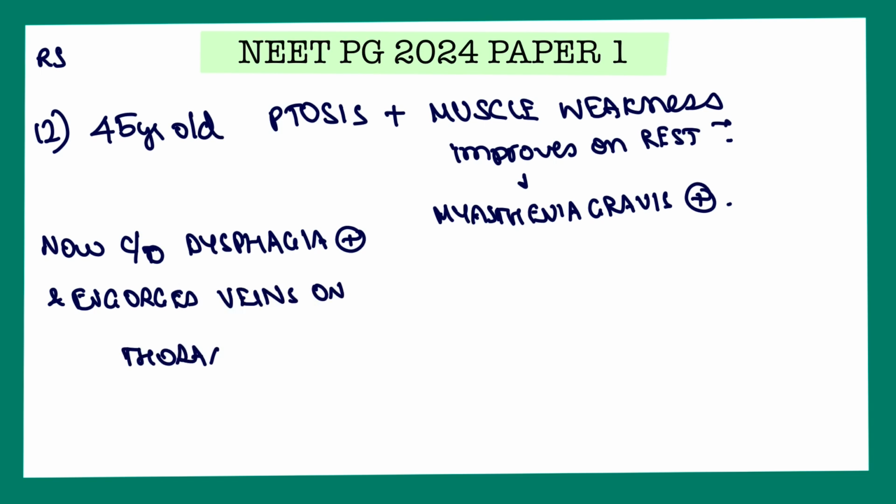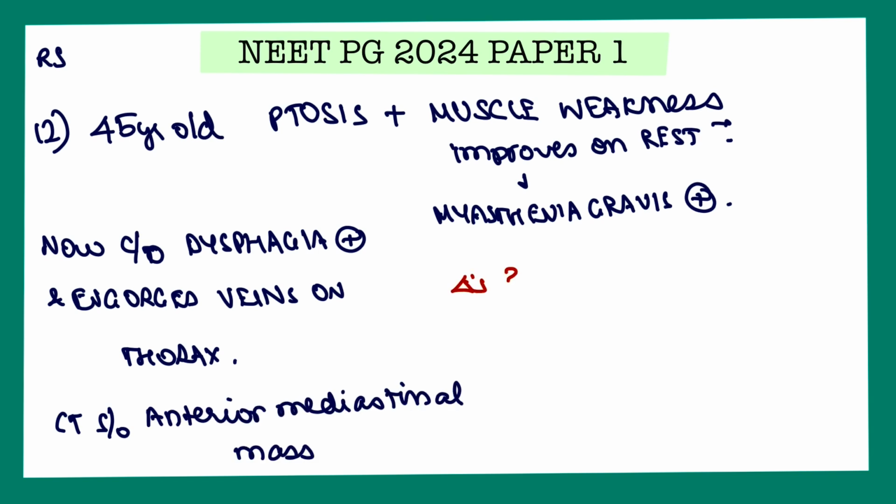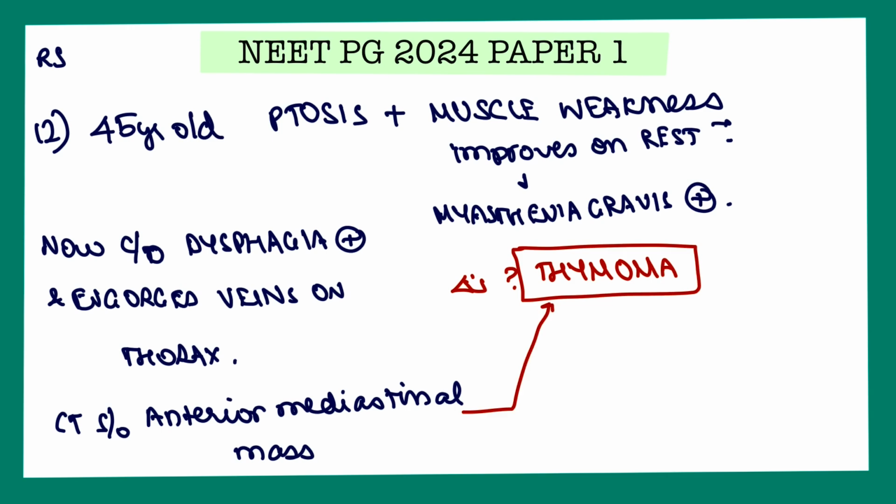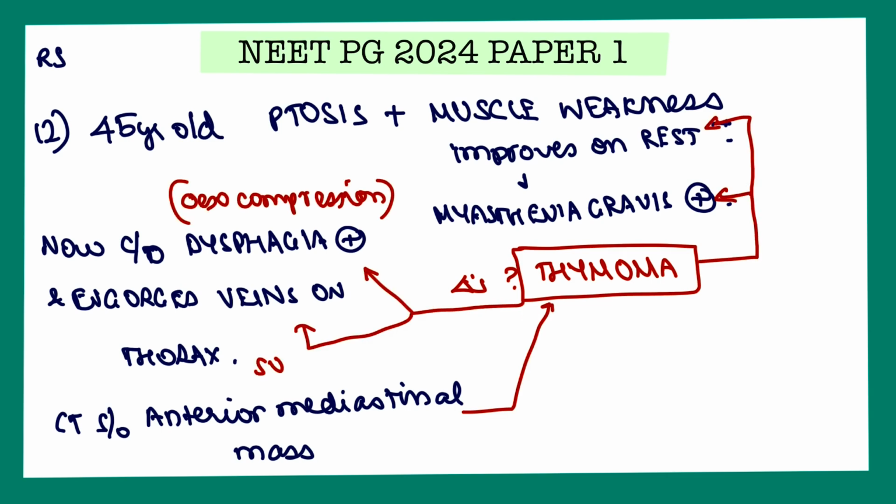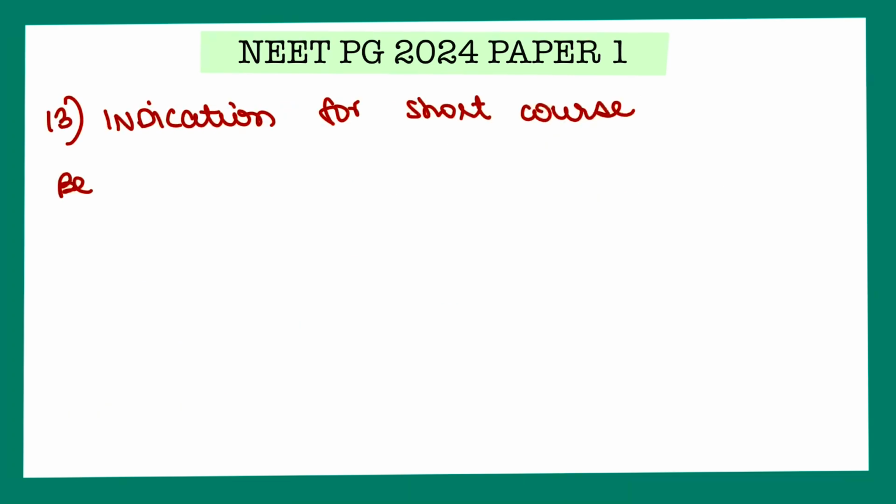The diagnosis is thymoma causing myasthenia gravis, as well as compressing the esophagus resulting in dysphagia, and compressing the SVC causing engorged veins over the thorax. So diagnosis: thymoma.